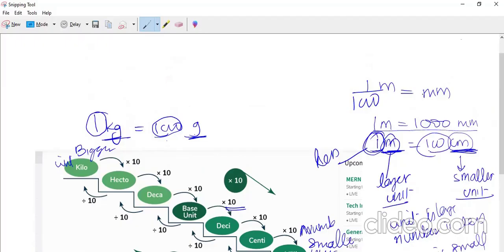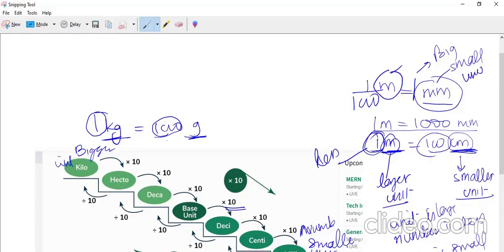So again, if it's 1 mm, it's 1/1000 of a meter, because this is small. The number associated with the meter is big. This is the big unit, this is the small unit. So the number associated, or the magnitude, is big when the unit is small, and when the unit is large, the number associated is small.